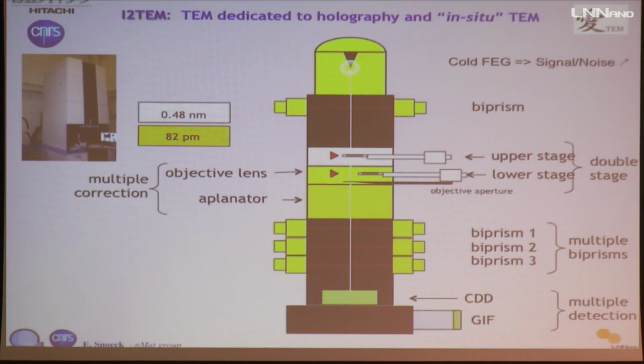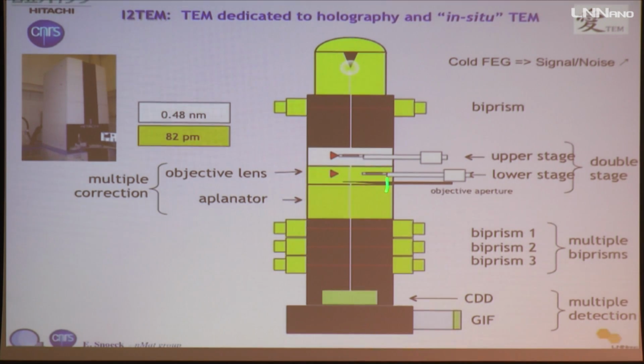And in the case we use the upper stage, we still have 5 angstrom resolution because we are not using a dedicated Lorentz lens, but we are working with a normal objective lens, which is corrected in addition. And in this region, there is almost, no, there is not almost, there is no field.